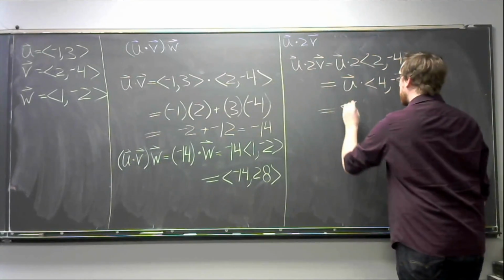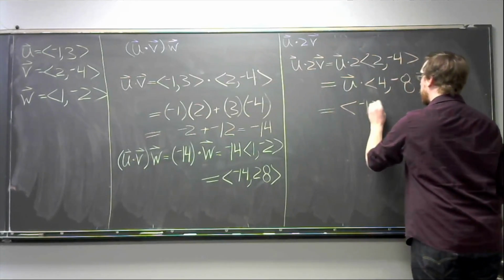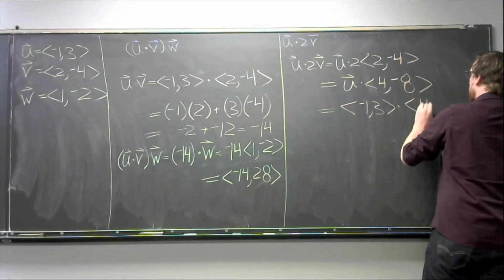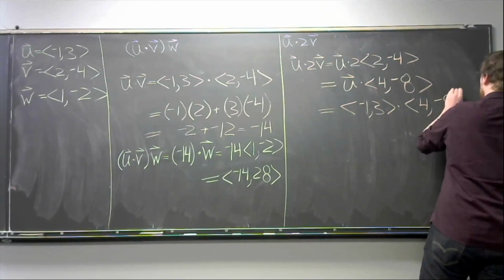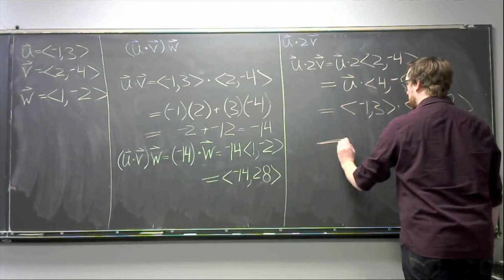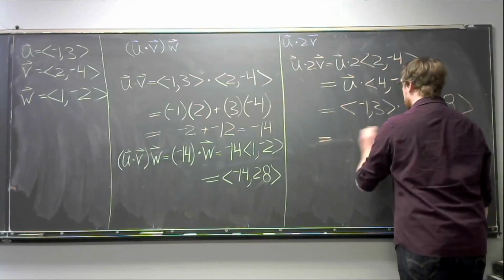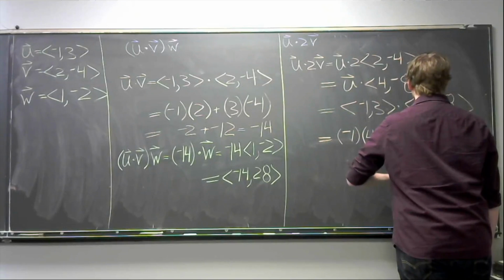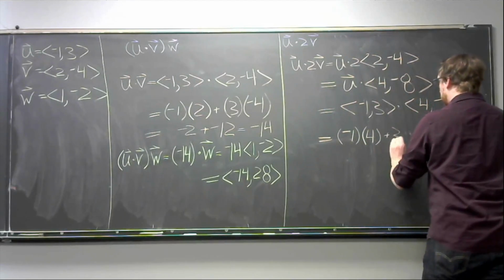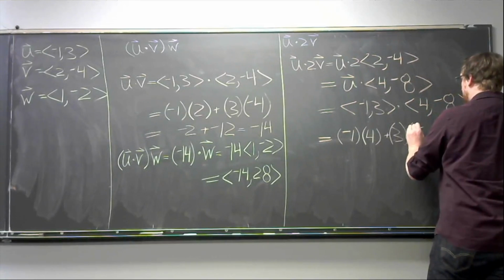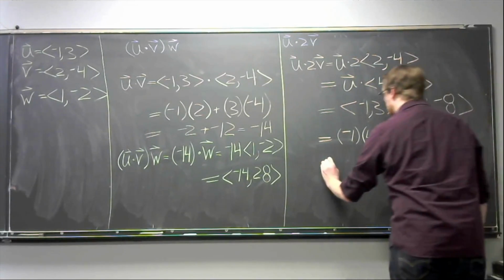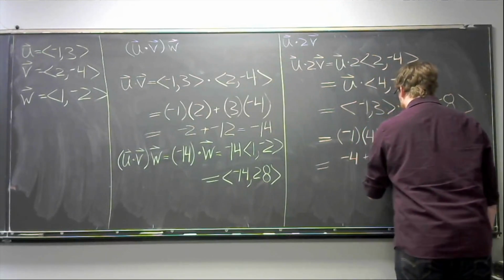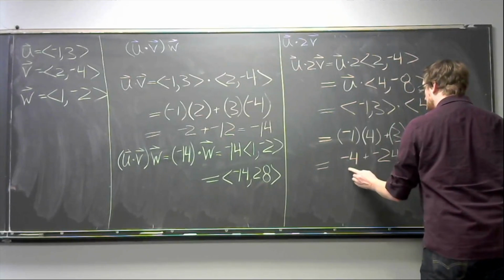So we have negative 1 comma 3 dot 4 comma negative 8, which is going to come out to be negative 1 times 4 plus 3 times negative 8, which is going to be equal to negative 4 plus negative 24, which is equal to negative 28.